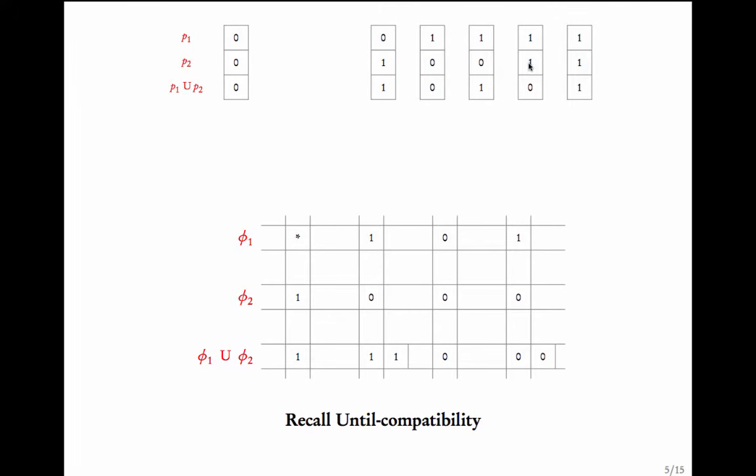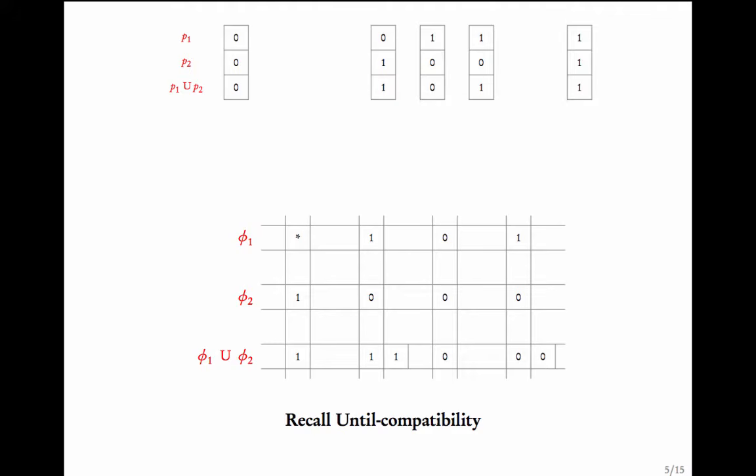What about 1, 1, 0? If phi2 is 1, then phi1 until phi2 should be 1. So this cannot be the case. This is not a compatible column, so we remove it. 1, 1, 1 is possible. So these are the blocks which can potentially occur in an expansion of P1 until P2.